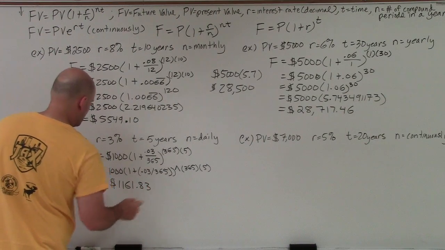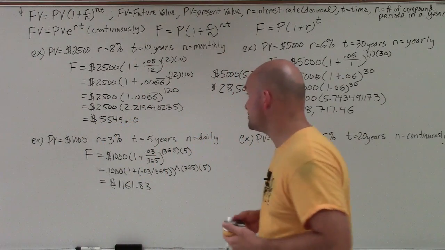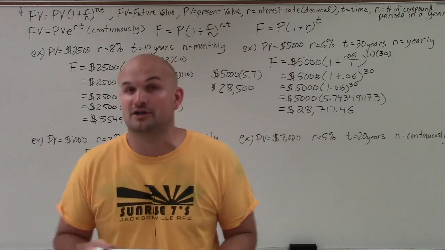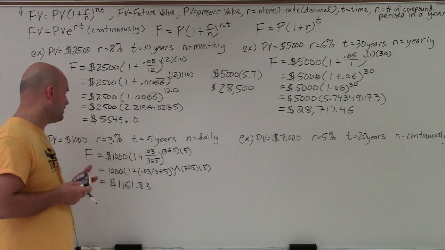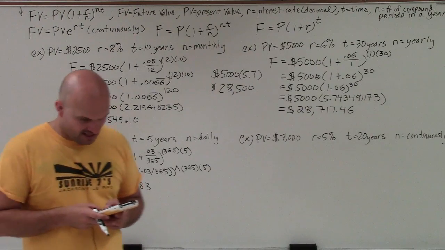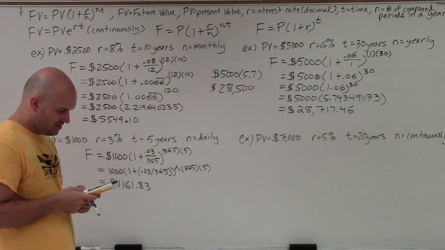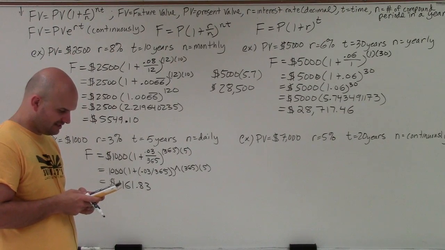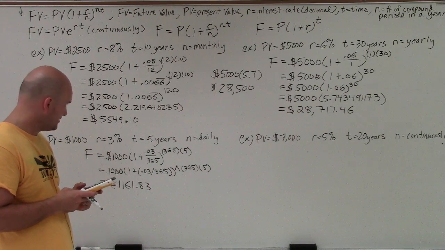1,161.83. So if you invest $1,000 at 3% interest for 5 years compounded daily, you're going to have a final value of $1,161.83. I'm just going to do this individually, 365, just to make sure I typed it in correctly.